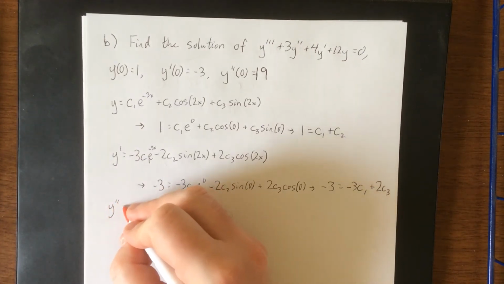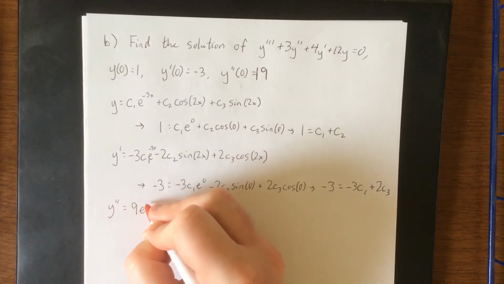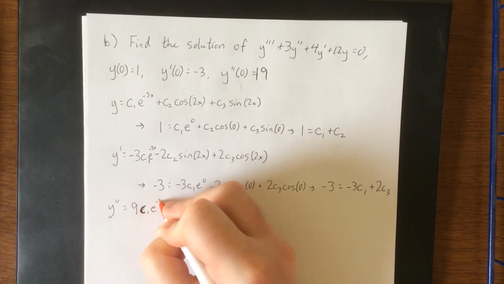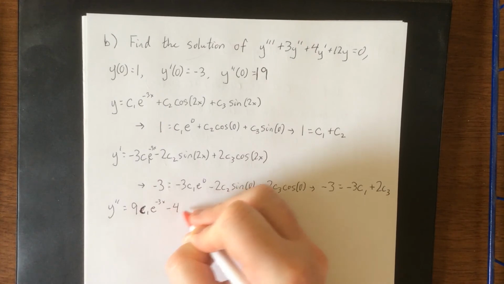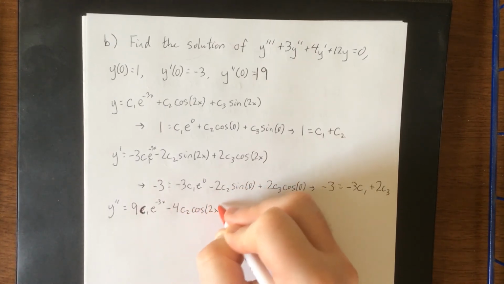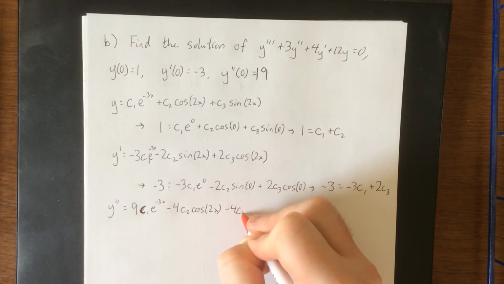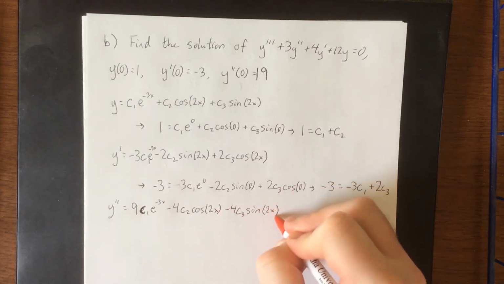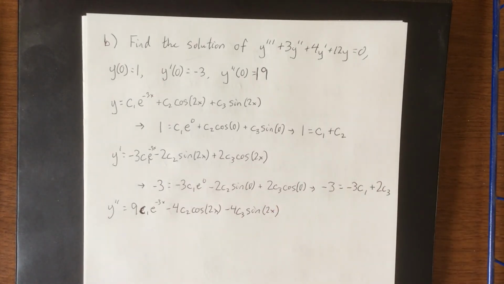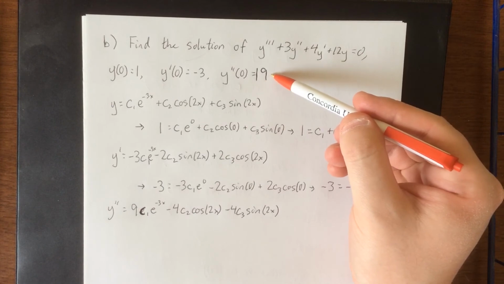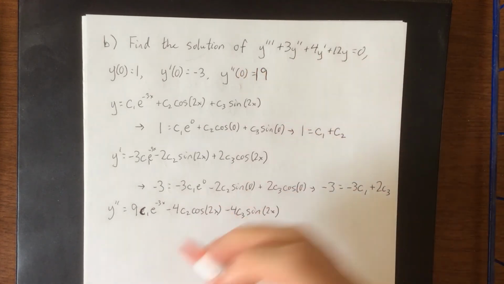Finally, for y double prime, this was equal to 9c1 e to the negative 3x minus 4c2 cosine of 2x minus 4c3 times the sine of 2x. Now, the third initial condition tells us that if we plug in x equals 0, we're going to get that the second derivative is equal to 19.